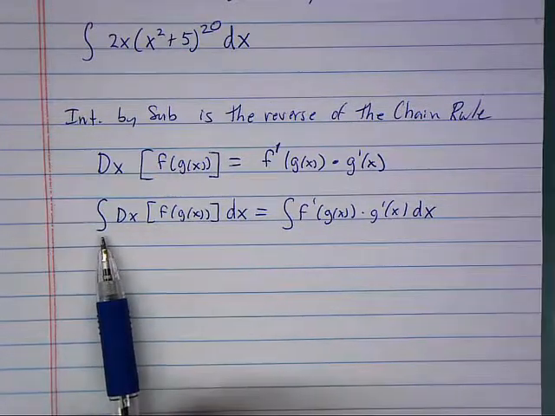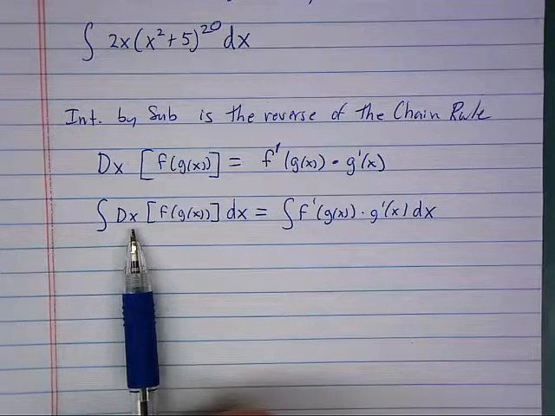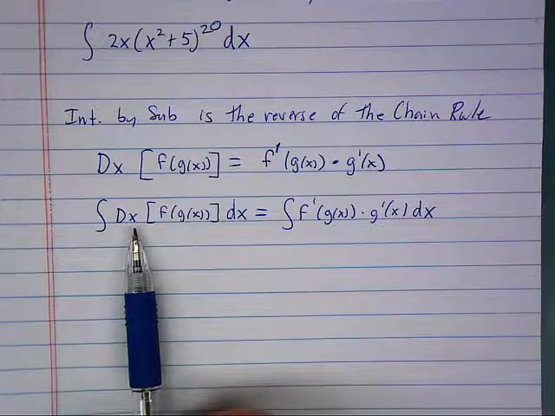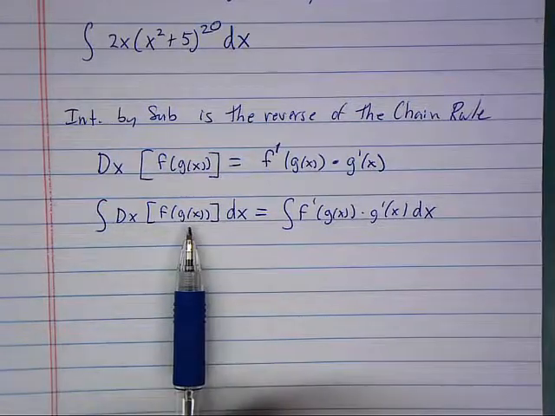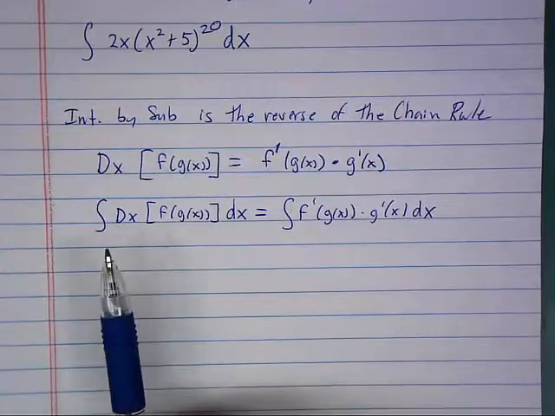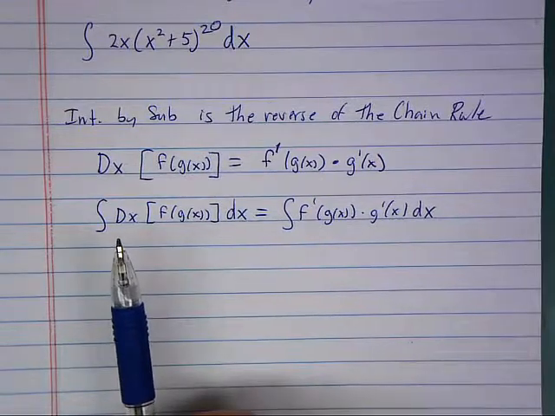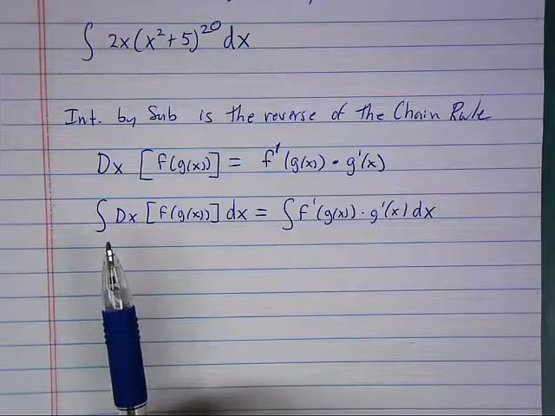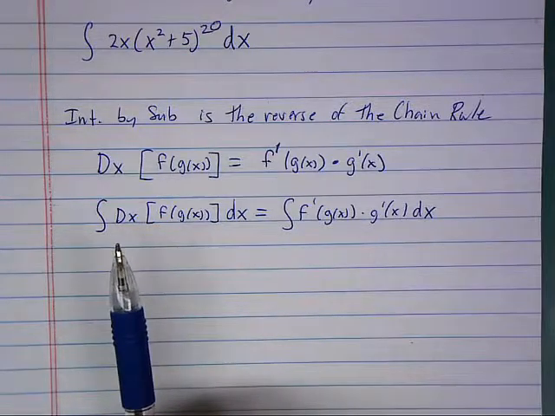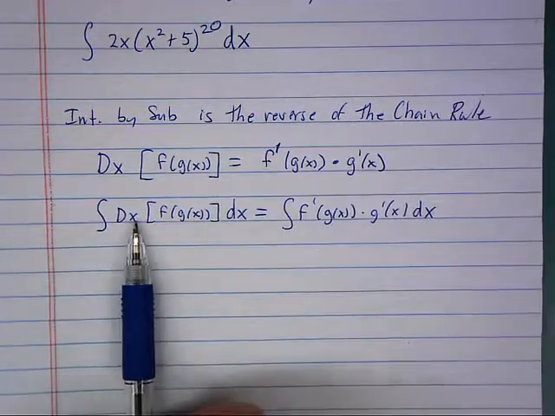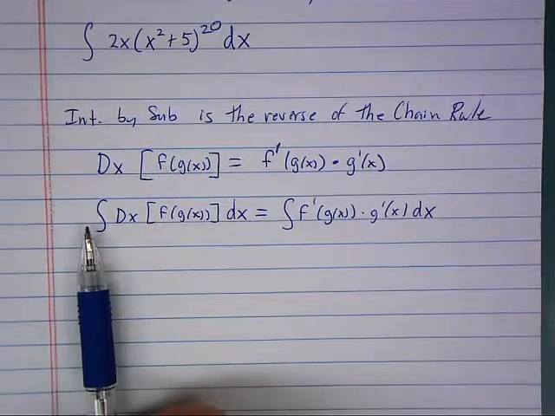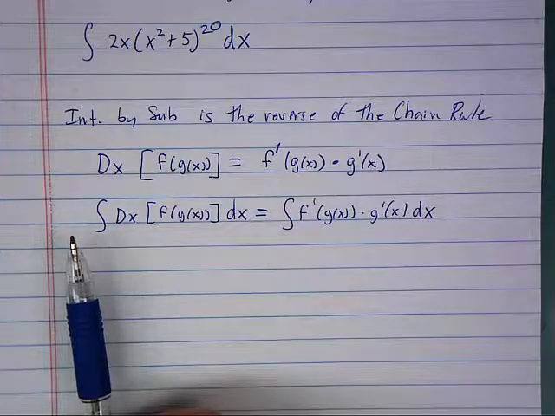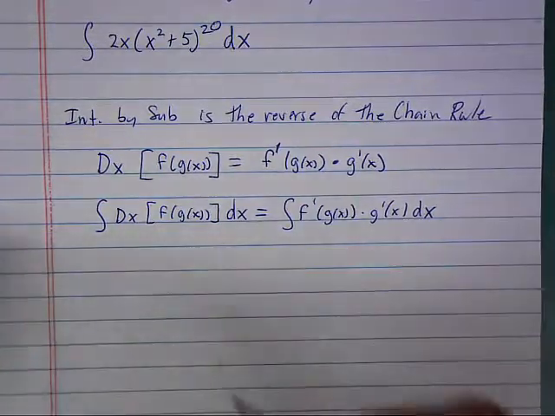What's the antiderivative of a derivative? Well, it's not 1. It's whatever the function is, isn't it? Derivatives and antiderivatives are inverse operations. It's like adding 5 and then subtracting 5. If you add 5 and then subtract 5, what happens? You end up right back where you started. If you do derivative and do antiderivative, what happens? You end up almost right back where you started.